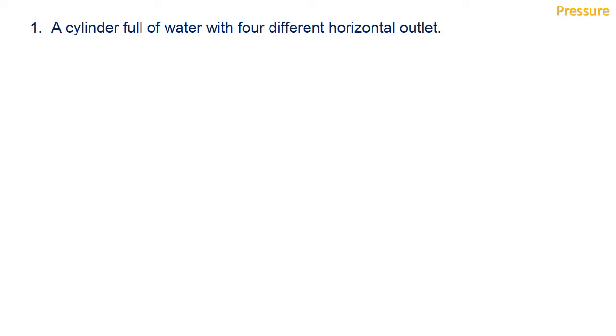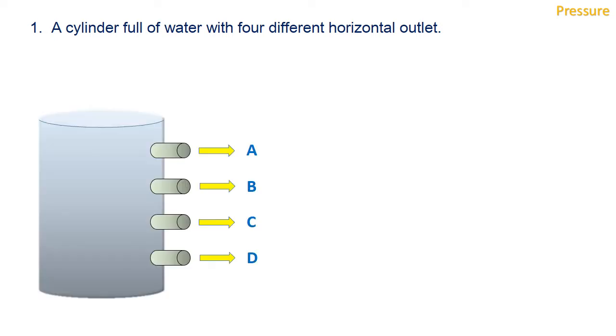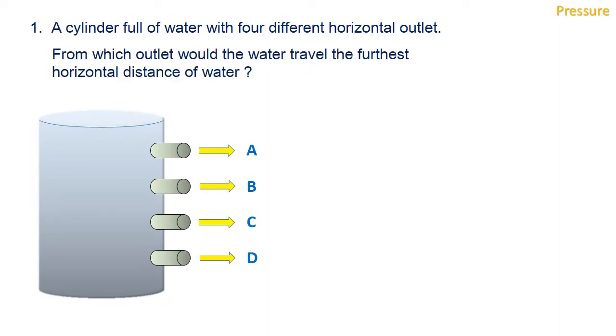A cylinder full of water with 4 different horizontal outlets. From which outlet would the water travel the furthest horizontal distance?